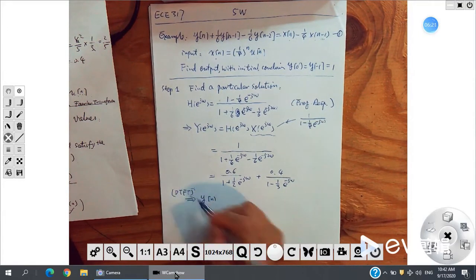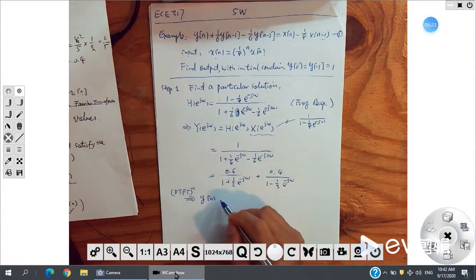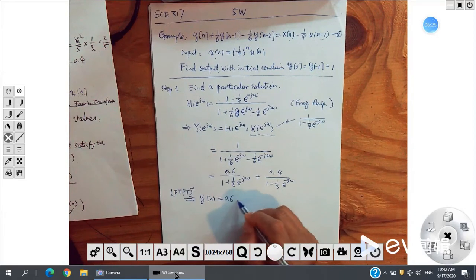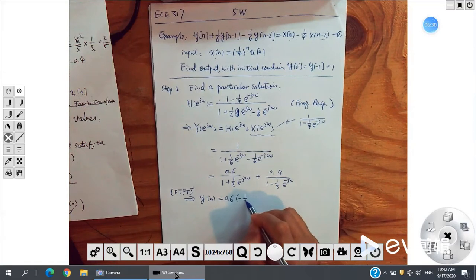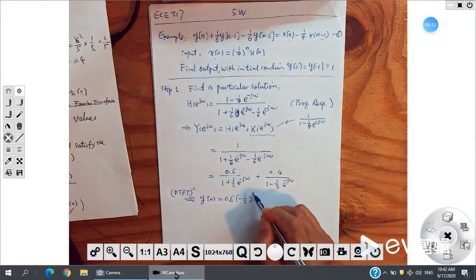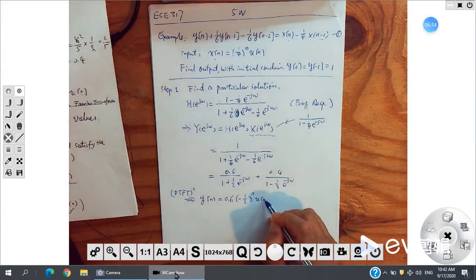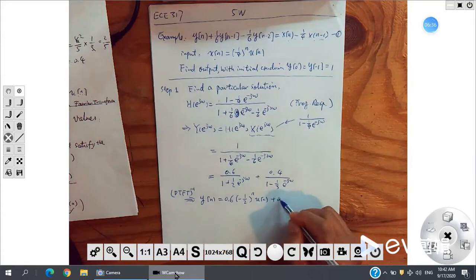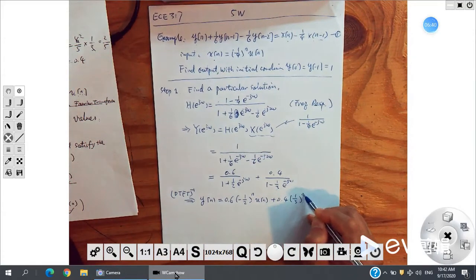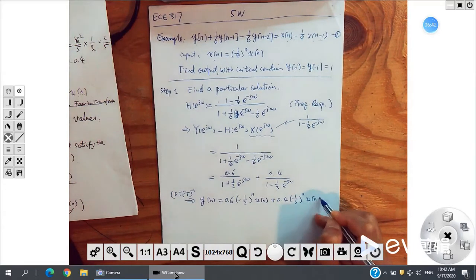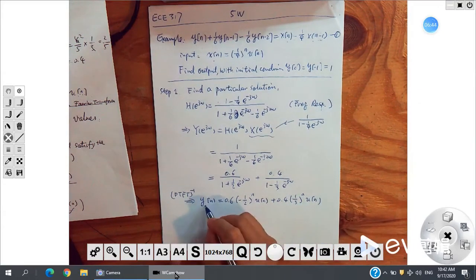Then we have 0.6 times negative 1/2 to the n, u of n, plus 0.4 times 1/3 to the n, u of n. Okay, this is a particular solution.